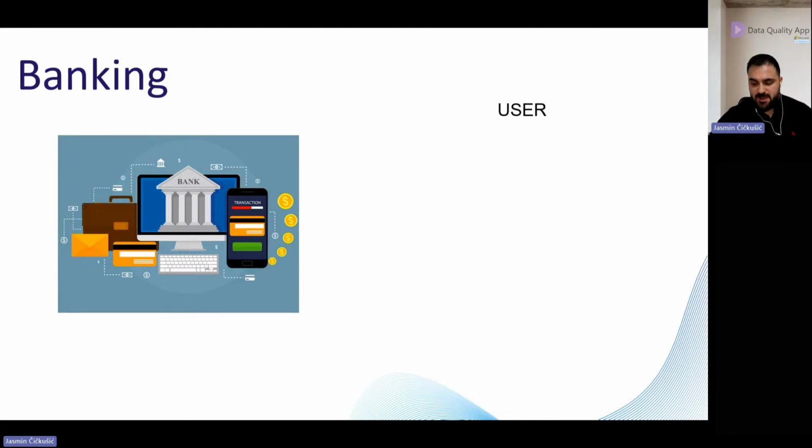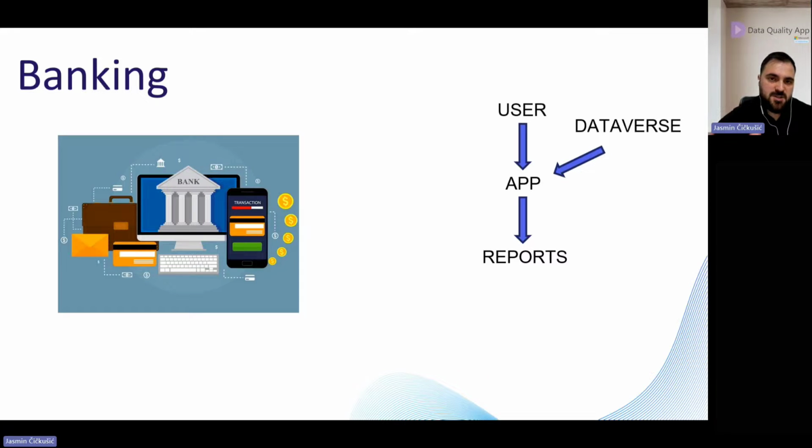That's just the simplest way to explain. So the user opens the application, logs in, then gets the report, and all that data comes from the Dataverse, from your CRM.